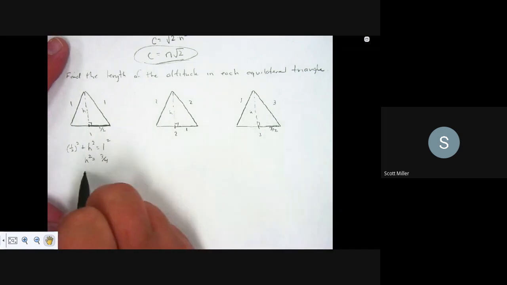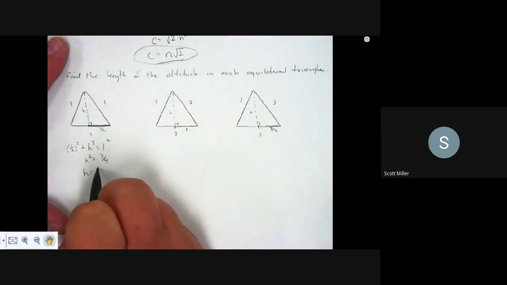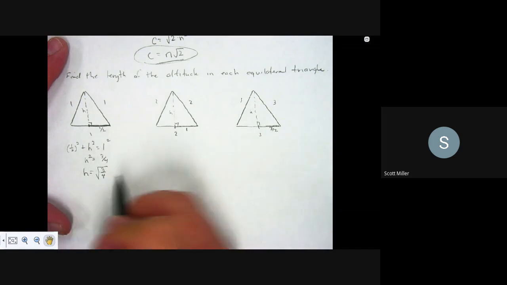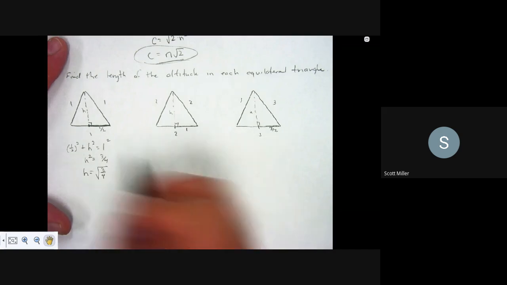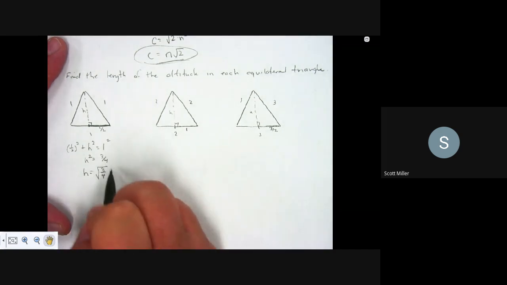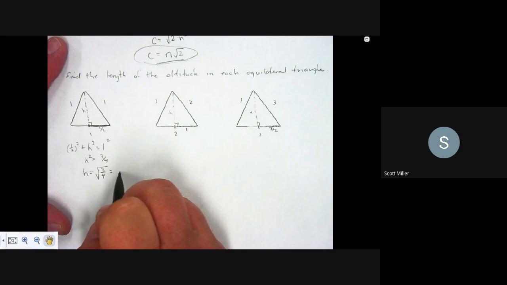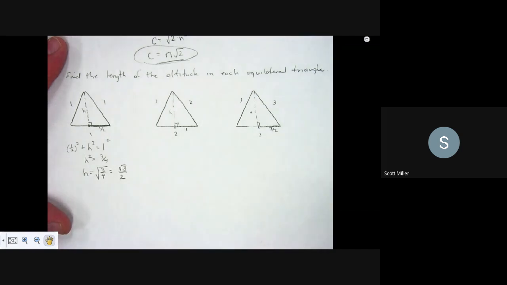Take the square root of both sides, keeping the positive version only because it is a length. I get the square root of 3/4. And we want to simplify this, so you square root the top and you square root the bottom. The bottom is a perfect square, 2, and the top just stays the square root of 3. Okay, so far so good.